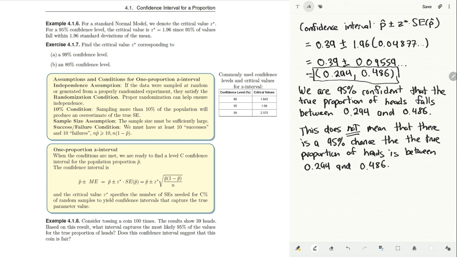So the 95% confidence is not a probability. And so we will look at how to interpret these types of confidence intervals in the next section.